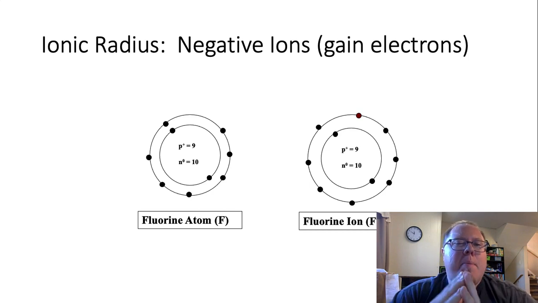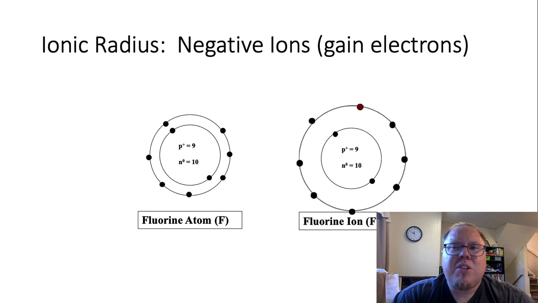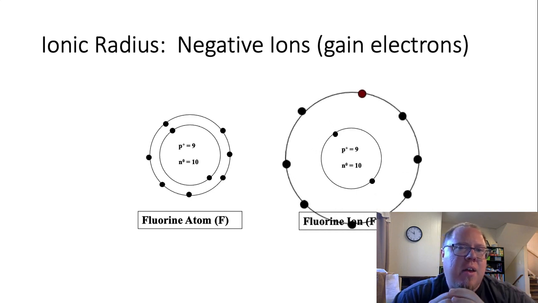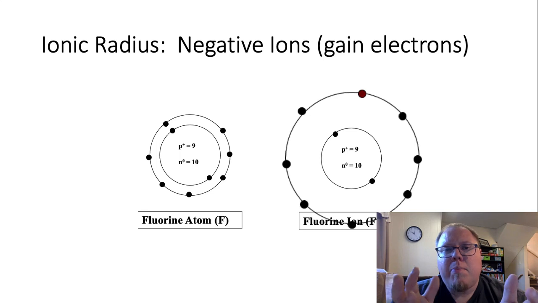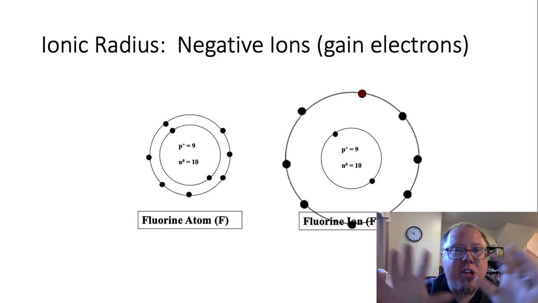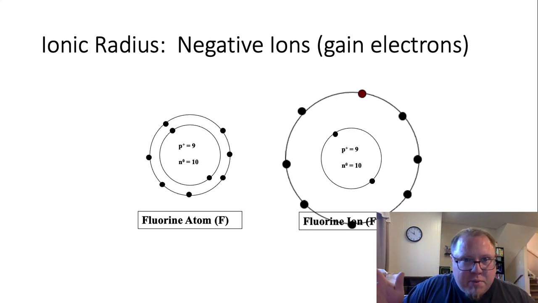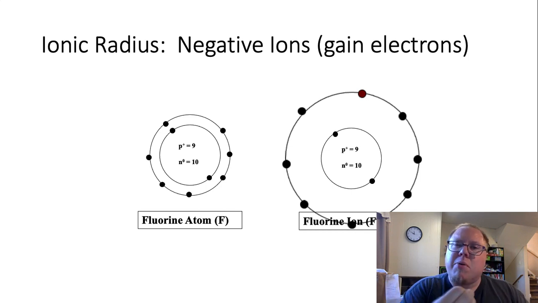They're basically competing for those protons. And because they're competing, they will actually expand the orbit, making that orbit much, much bigger, because there's more of them pushing each other away, trying to make room for themselves without an extra proton pulling them in closer. So that whole second orbit will expand, making the atom bigger.